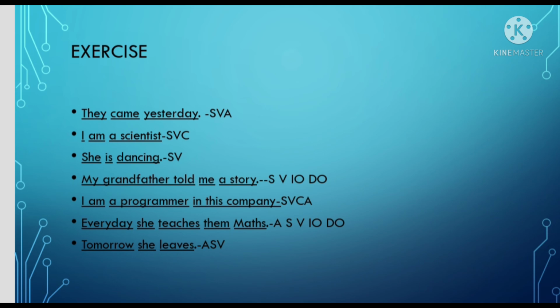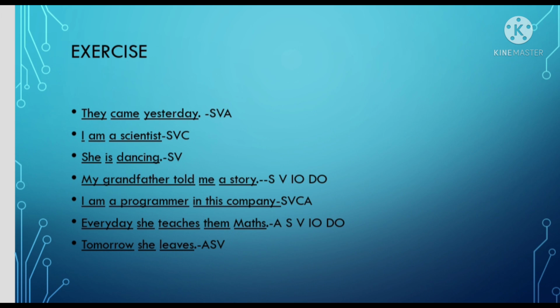So a scientist is the complement. She is dancing. She is the subject, is dancing is the verb. My grandfather told me a story. So my grandfather is the subject, told is the verb, me is the indirect object, to whom, and a story is the direct object.